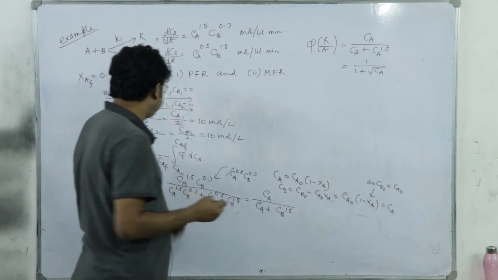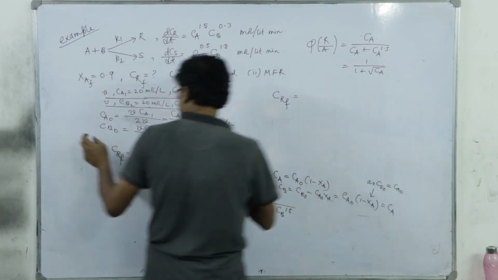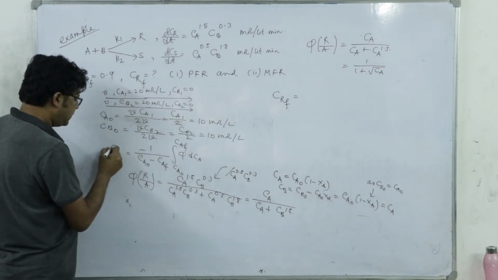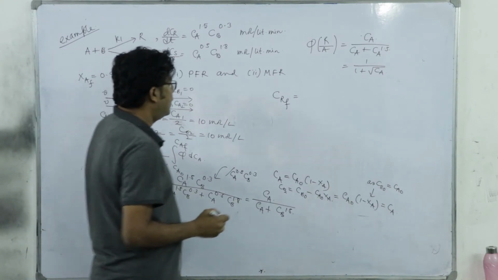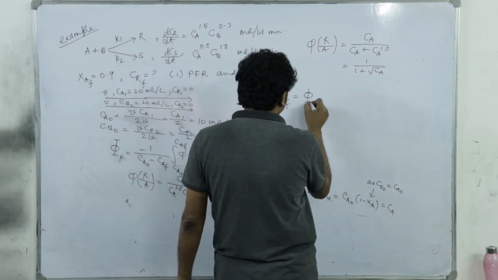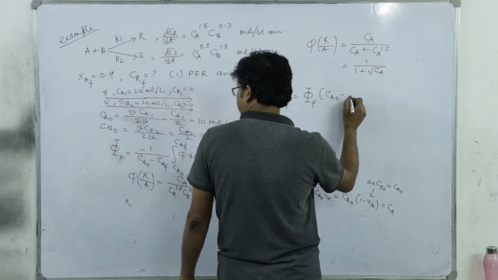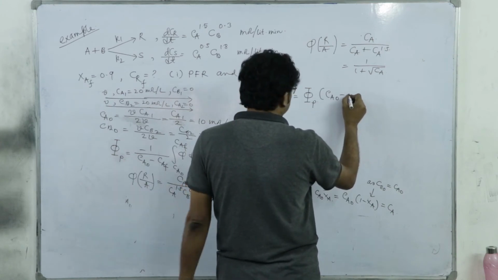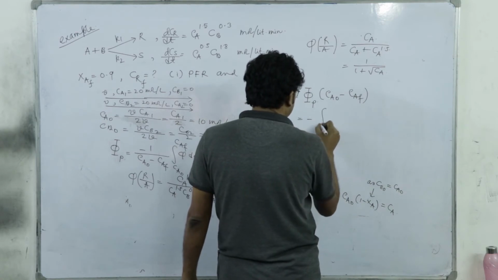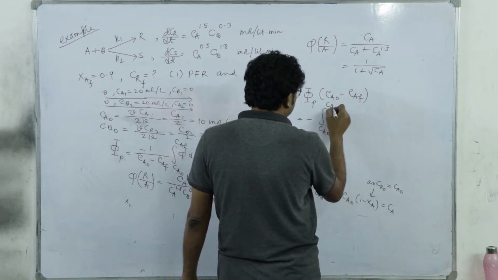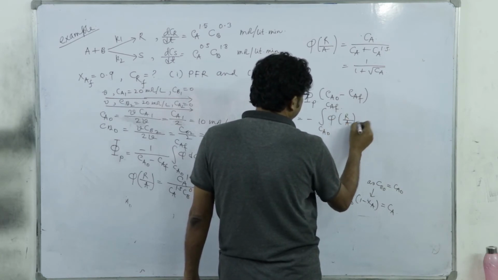So this is phi p, not CRF, sorry. CRF is equal to the integral of small phi R by A dCa from Ca0 to Caf, with a minus sign and the 1 over Ca0 minus Caf factor.